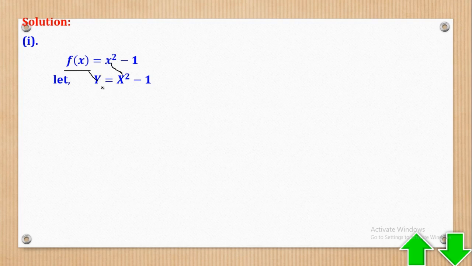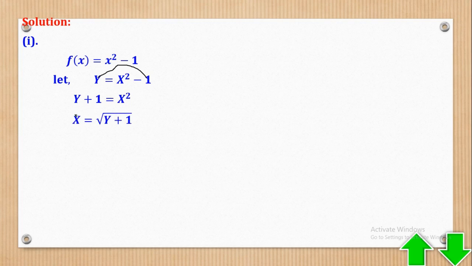And after that, you have to look for ways of making capital X the subject. So for me to make capital X the subject, I'm going to first take this negative 1 this side to come up with y plus 1 is equal to capital X squared. The next is to put square root on both sides to come up with X being equal to square root of y plus 1.